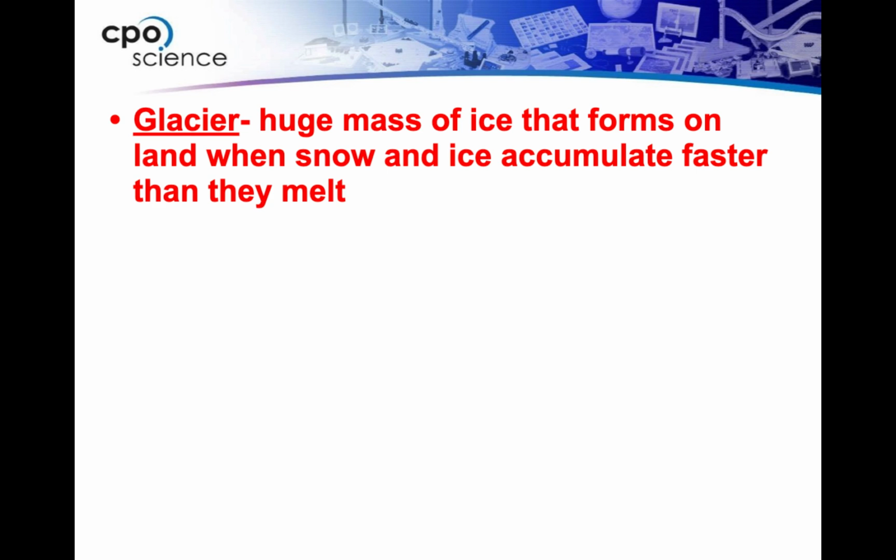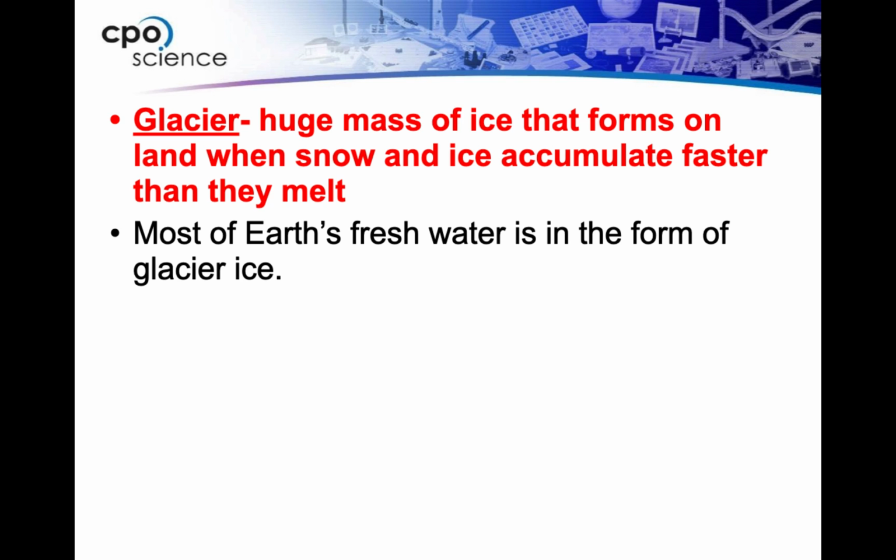Glaciers, we're going to talk more about these later on this year, but we have to talk about them now because they are essentially solid water. So huge, massive ice that forms on land when snow and ice accumulate faster than they melt. They're found in places where the climate is cold enough that it never gets warm enough to melt it in the summertime. So you just get this build up and build up and build up of ice, essentially.